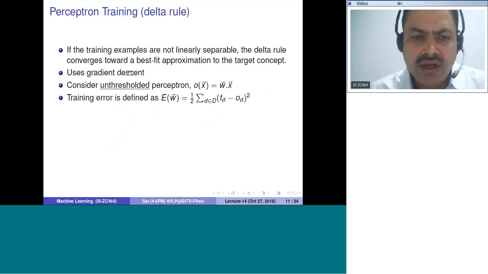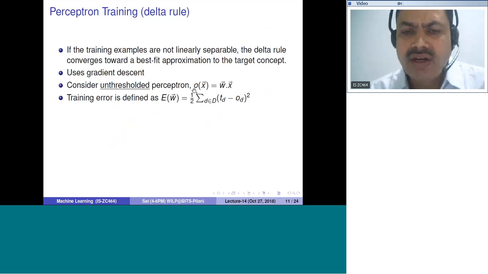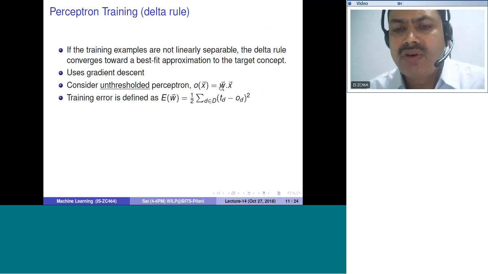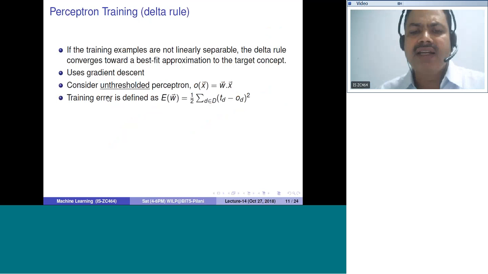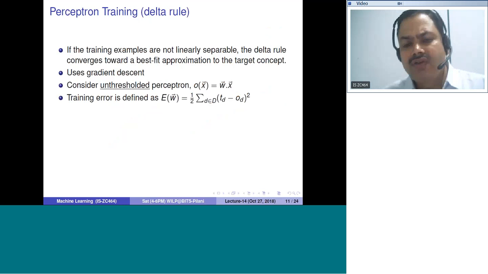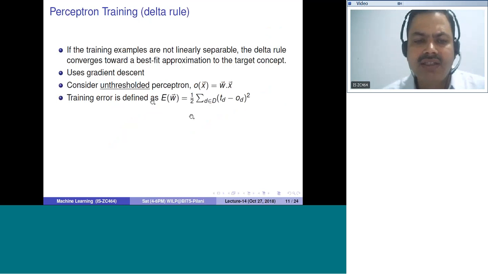Consider the unthresholded perceptron, where the output is given only by W transpose X, and the training error is defined as: how bad I am. Again it is the same thing: you see the target minus the output, and you take the square, because now you are getting continuous values. You square this, and this is the training error.